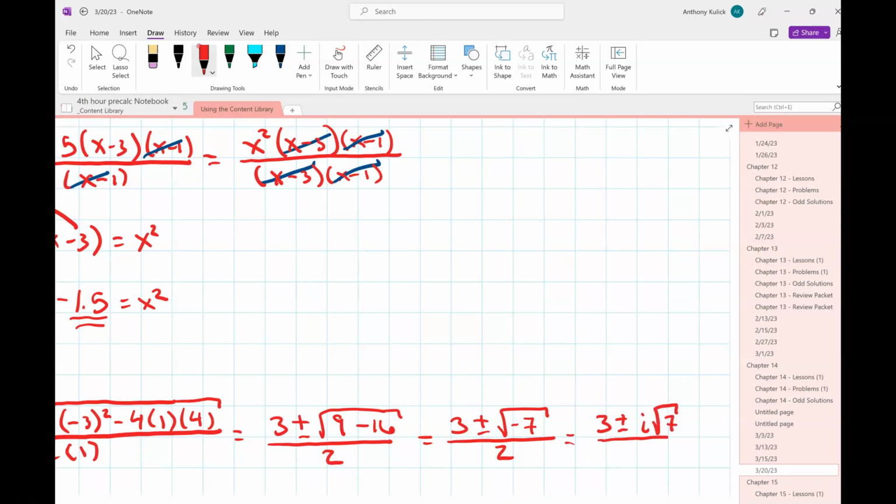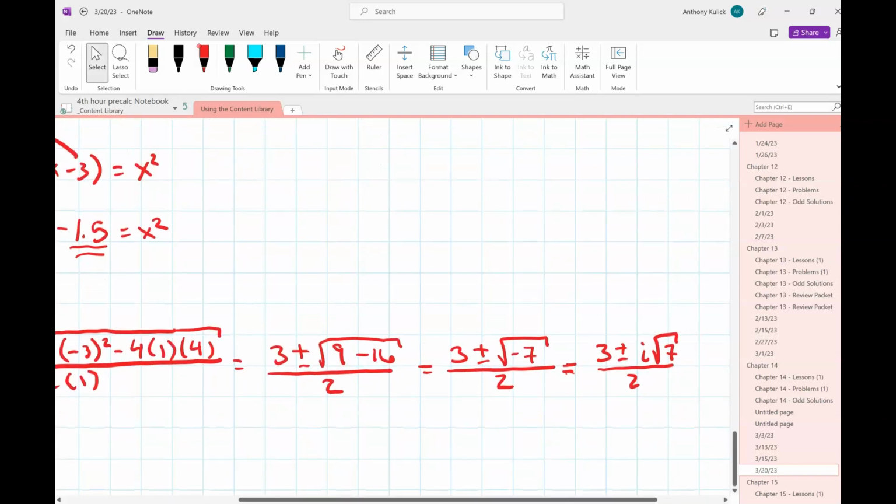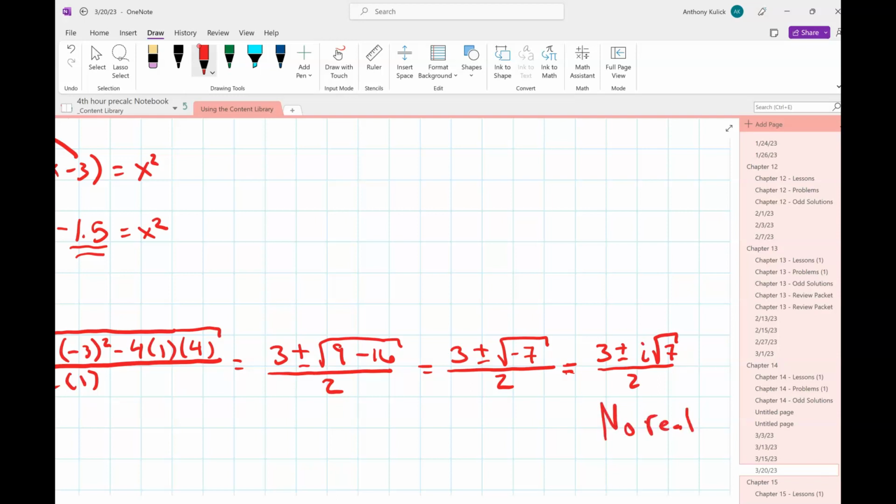Excellent. So what kind of answer did we get here? When it has an i in it? It's called an imaginary solution, right? Because that was imaginary, it means that there was no real solution.